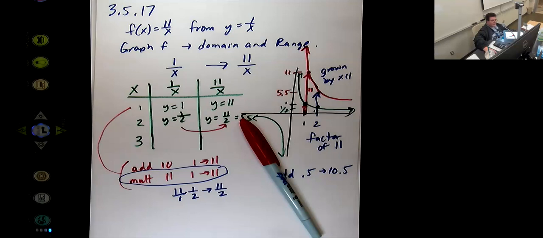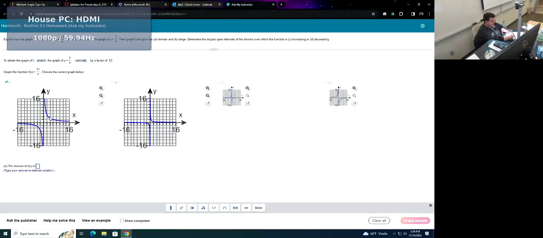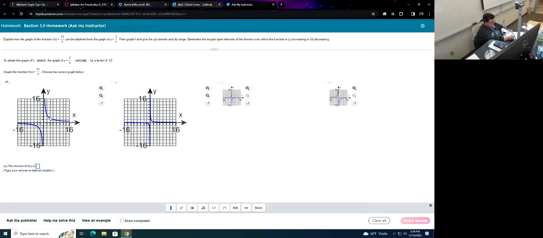In fact, we can see that where x equals 0, this vertical line, the y-axis, the line is like going away from each other. It's not trying to connect. So x cannot equal 0. In interval notation, that's negative infinity to 0 in union with 0 to infinity.